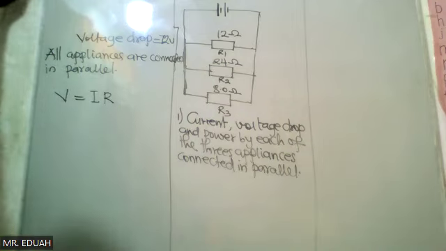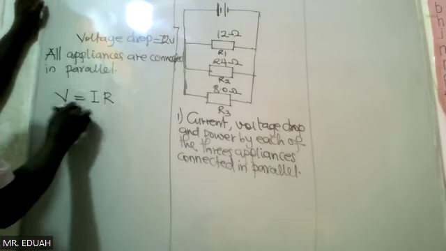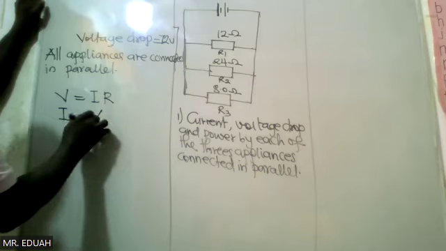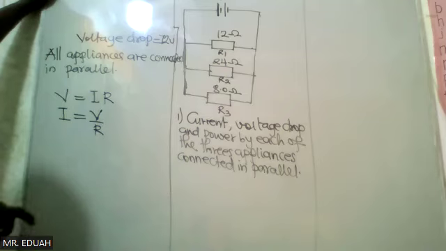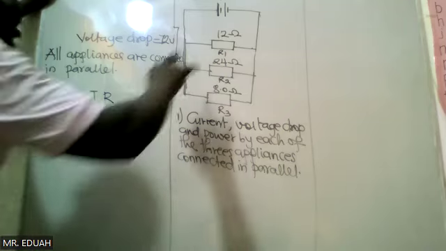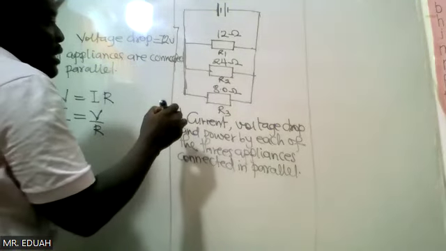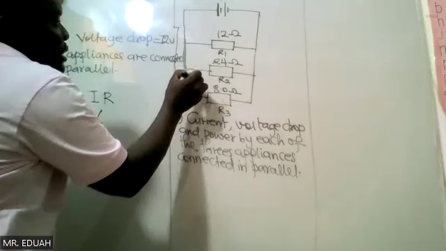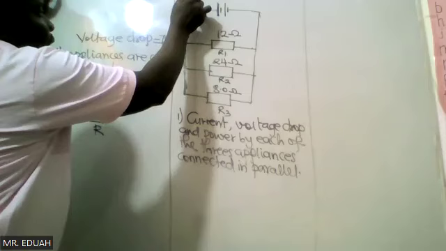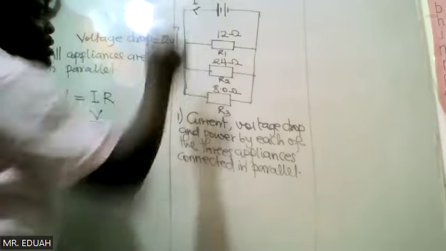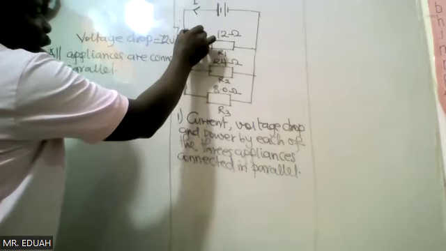If voltage is equal to IR, then current would be equal to V on R. So if I'm to calculate for the current, let's assume this will be the main current I. What is coming into R1 will be I1.